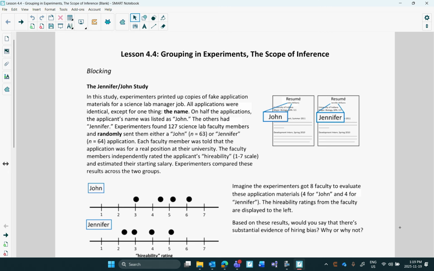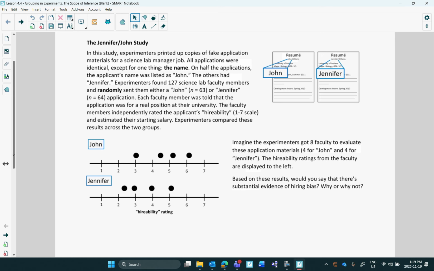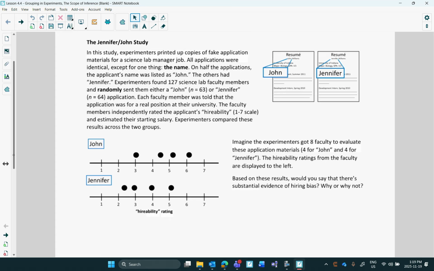So here's the Jennifer John study again. This is just a repeat of what was in the last lesson, about how they went about trying to find out if there was any hiring discrimination based on gender.